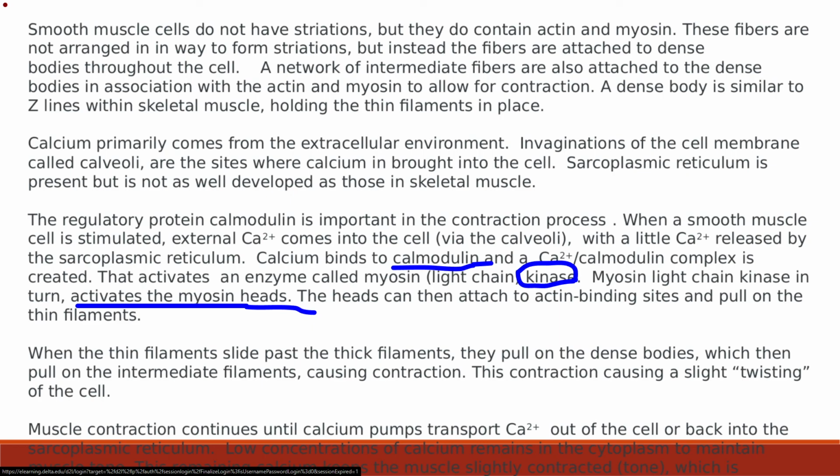And they're going to attach to the binding sites, and then you get the contraction. Okay, so we don't have the sliding filament happening, but we have a slight twisting and shortening of the muscle that happens. Okay, and as long as we need the muscle contraction, calcium is going to be coming in, and once the contraction is done, we release that calcium.